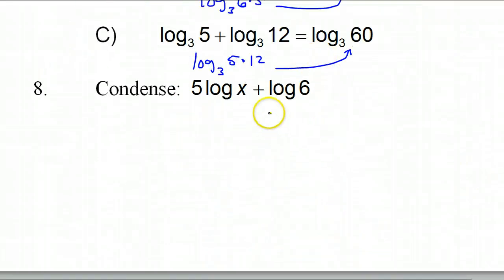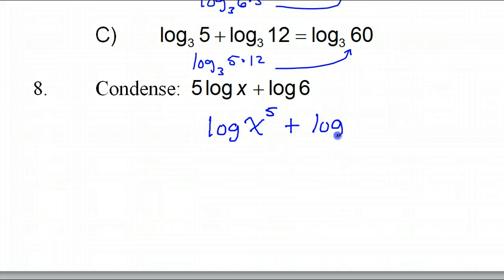Genius. Okay, I feel like we've already done this 50 times, but we were condensing. This coefficient is going to become the power as we condense. So this will be log x to the 5th power plus log 6. And once again, when you're adding 2 logs, you condense by making it into a multiplication problem.